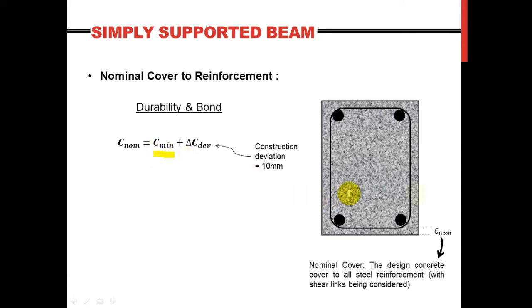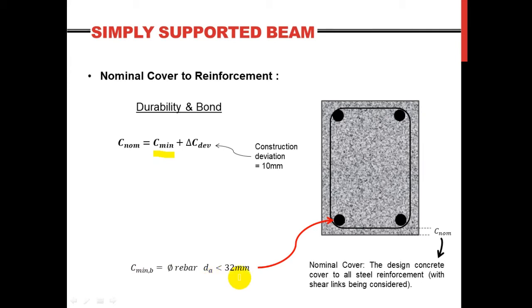Okay, let's focus on the minimum cover. Looking at the figure here, you see that we have rebars, and there's what's called the bond between them and the concrete. Now the forces transferred by the bond between them are ensured if the cover is equal to the bar size. If the minimum cover for bond is equal to the bar size, then at that time I can ensure the safe transfer of the bond forces.